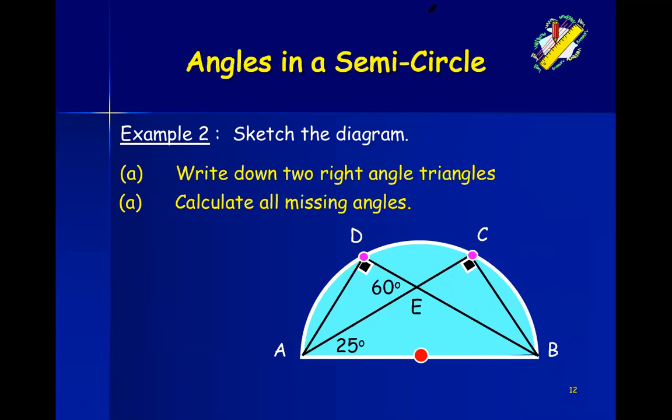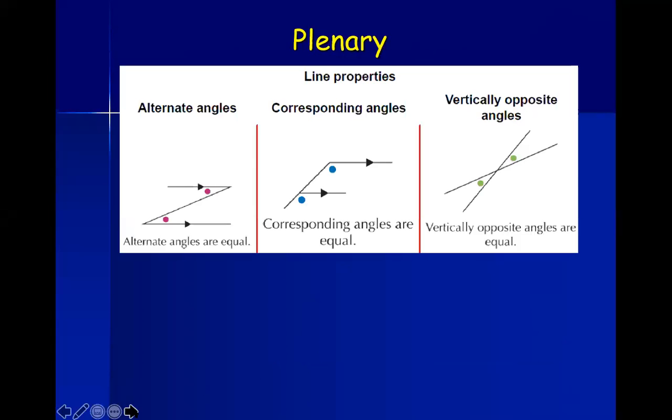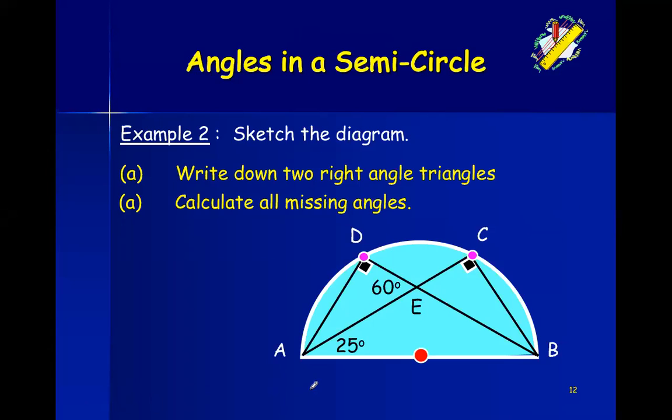So again, I'll give you a couple of minutes. Okay, so again, you can clearly see that you've got a couple of right angle triangles. So how would you do this? You would look into it and go, I've got this right angle triangle.